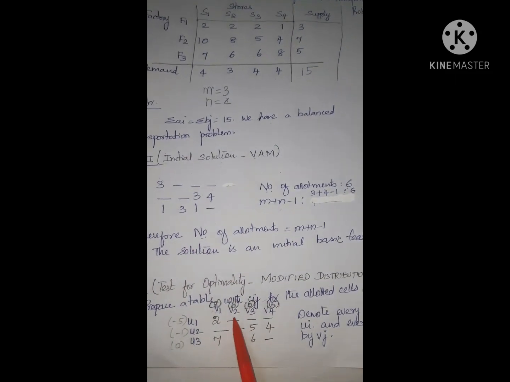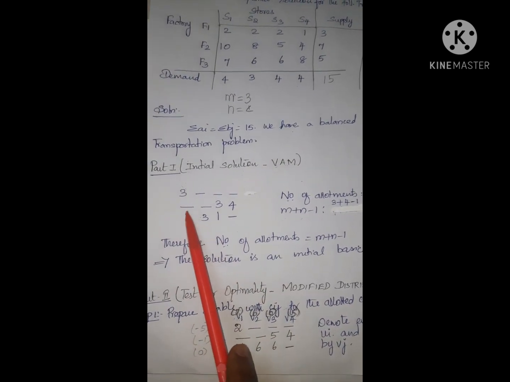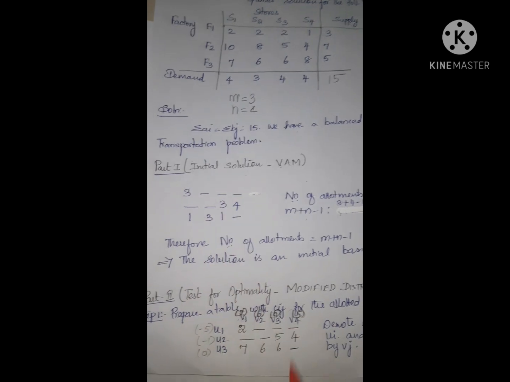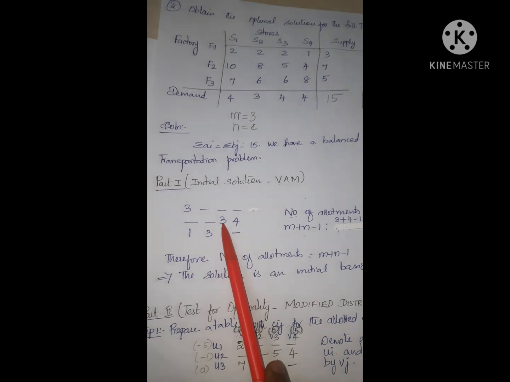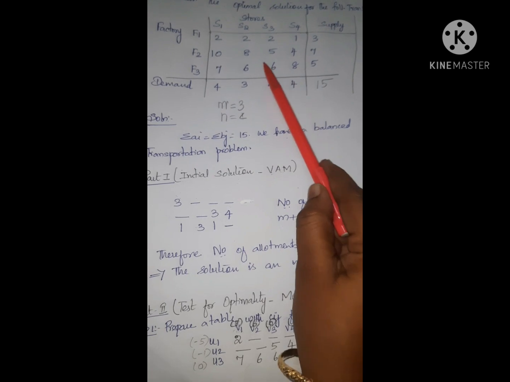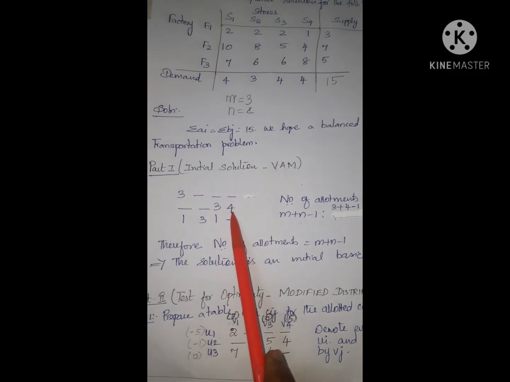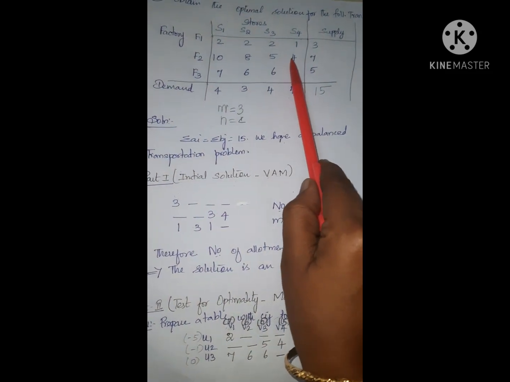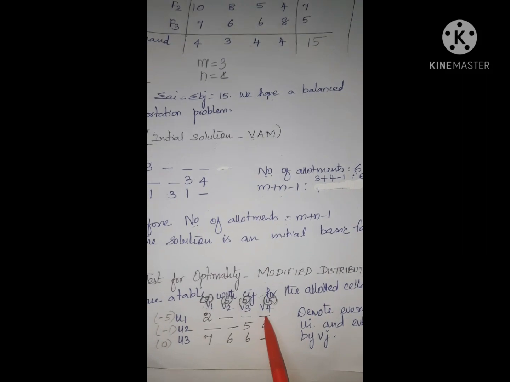So here also we put dash, dash, dash. Second row, first 2 cells, no allotment, so dash, dash. Third value is 3. Instead of 3, the cost value in the place of 3 is 5. So we put 5. Next allotment, 4. In the place of 4, our cost value is also 4. So we put 4.